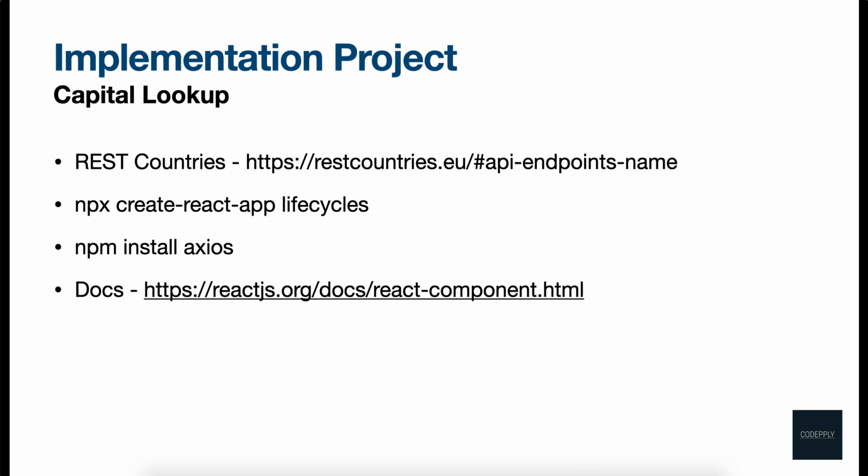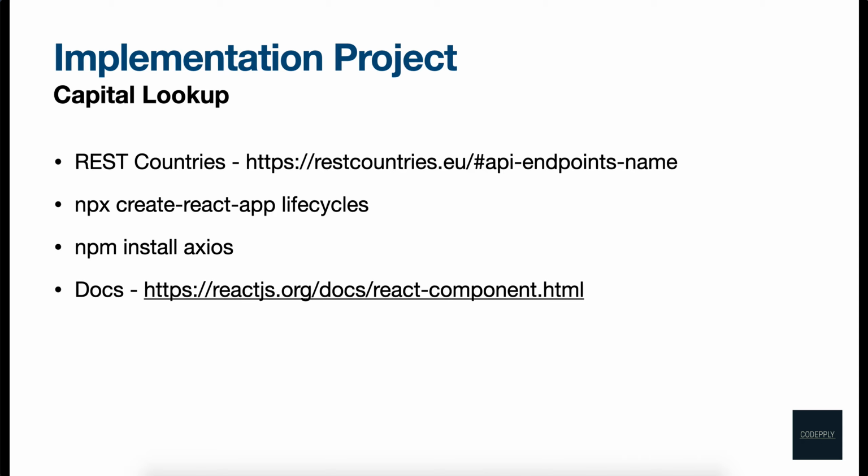For the example project, we're going to use an API to request a country, parse the data, and get the capital of it. So it's going to be a very small search web app where we can input any country's name and look up its capital.